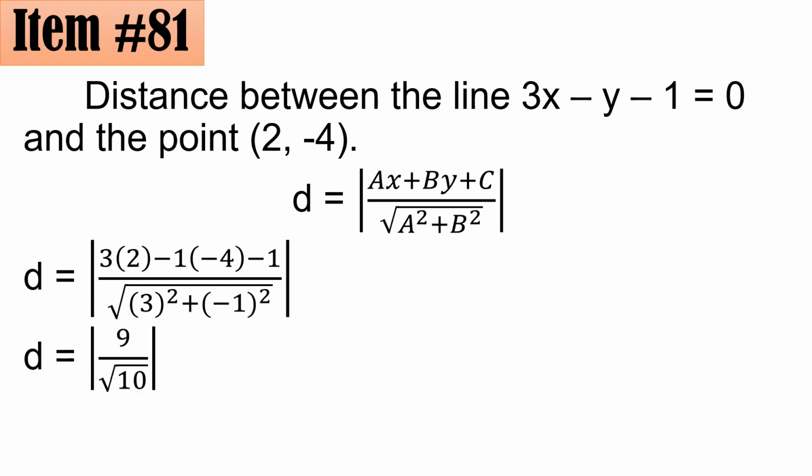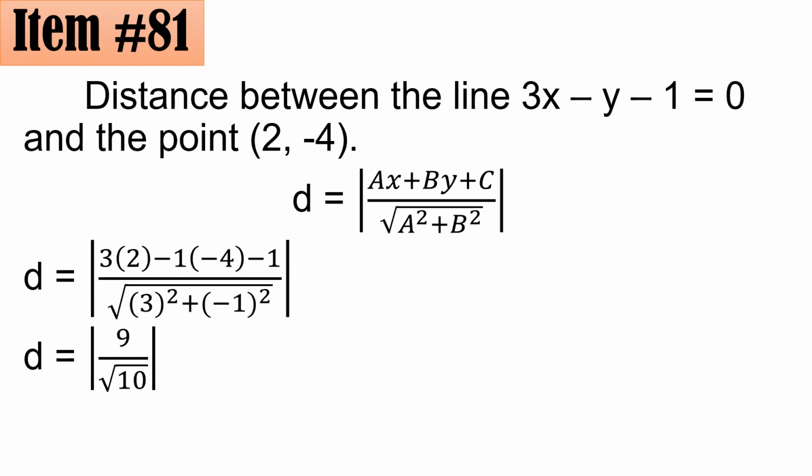If you simplify this, the numerator: -1 times -4 will be 4. So this is 6 plus 4, 10. 10 minus 1 will be 9. And your denominator simplifies to square root of 10. And of course, the absolute value of this is 9 over square root of 10.